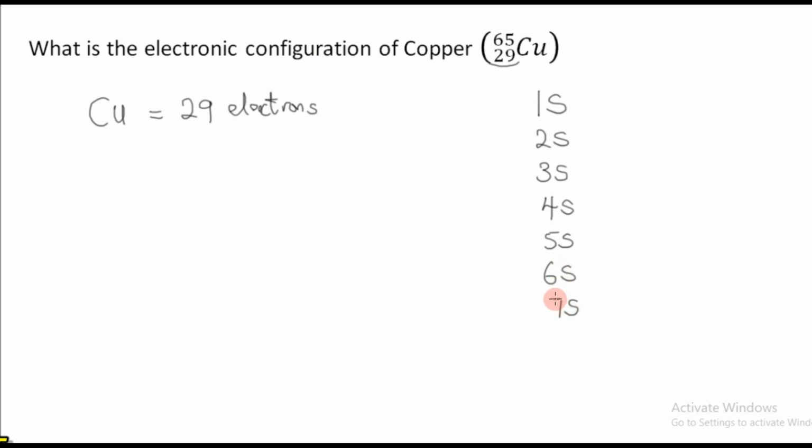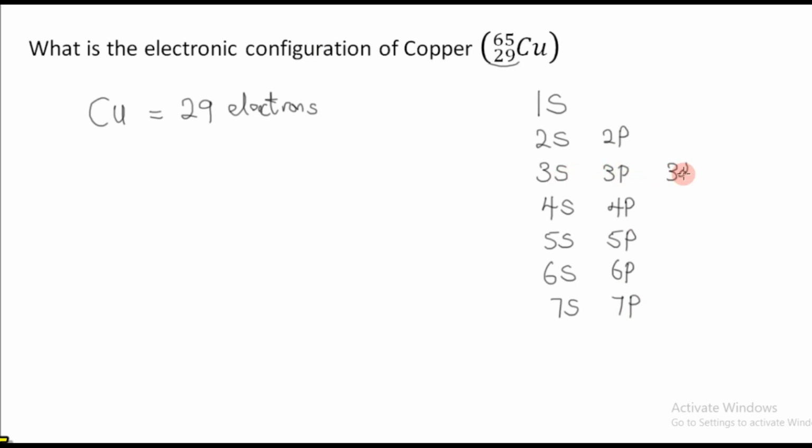After the s orbital, we move to the p orbital, and the p orbital starts from the second energy level. So we have 2p, 3p, 4p, 5p, 6p, and 7p. After the p orbital, we move to the d orbital, which starts from the third energy level.